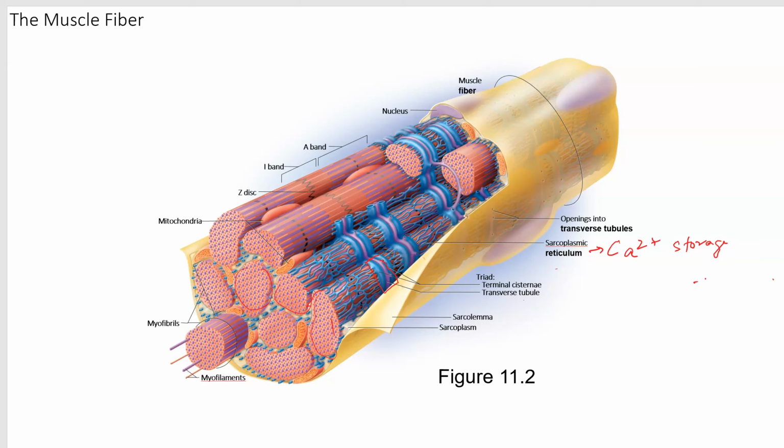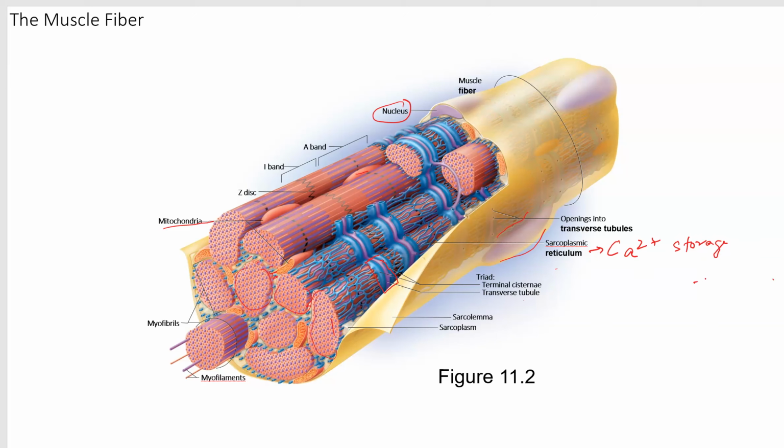Okay, and then some other structure that you see over here are the nucleus. So they have a whole bunch of nuclei peripherally located along the edges. And then you see a whole bunch of mitochondria embedded to provide ATP for energy. And in between, everywhere, you see a whole bunch of sarcoplasmic reticulum.